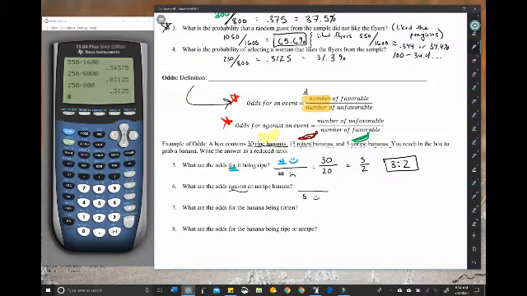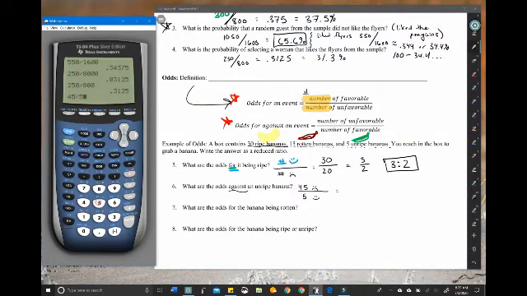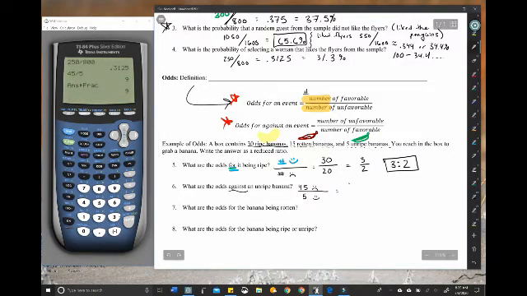So that would be 45. So 45 things are not unripe, and 5 things are unripe. So 45 over 5, just 9 over 1. Okay, and we would just say that's 9 to 1 odds against it being unripe.